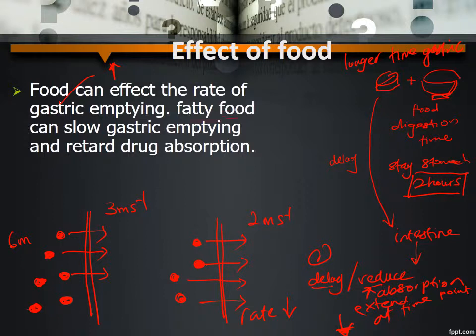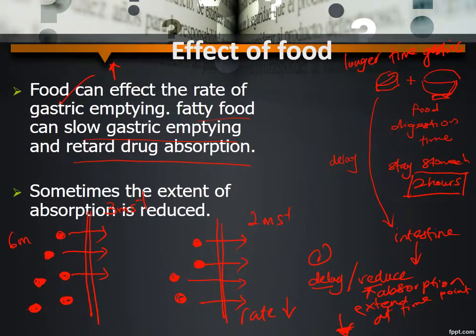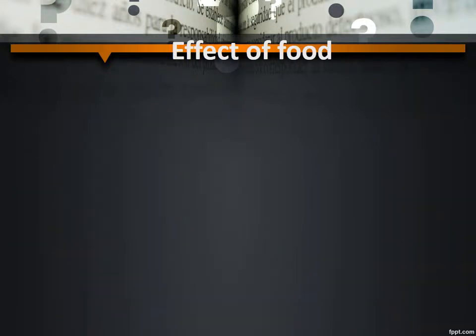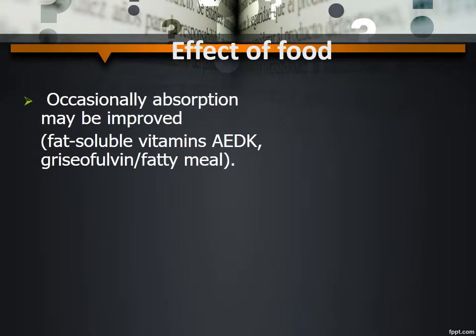Fatty food can slow gastric emptying and retard the drug absorption. Sometimes the extent of absorption is reduced, like what I've explained just now. And occasionally the absorption may be improved when you have a fat soluble compound as your drug.